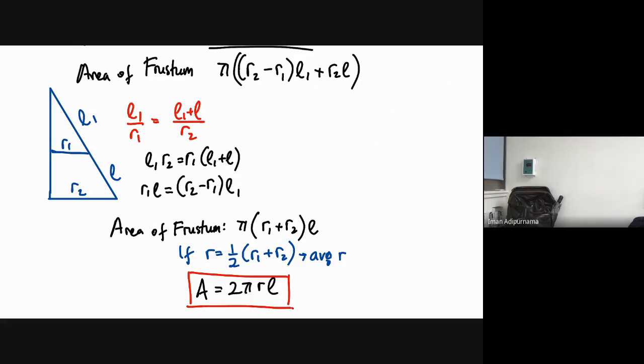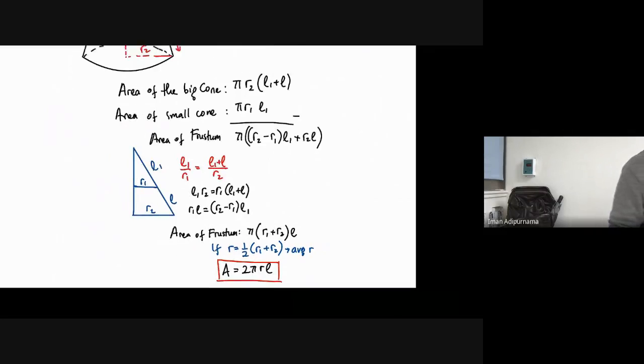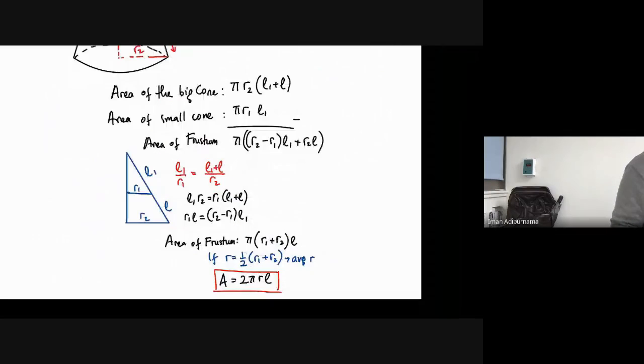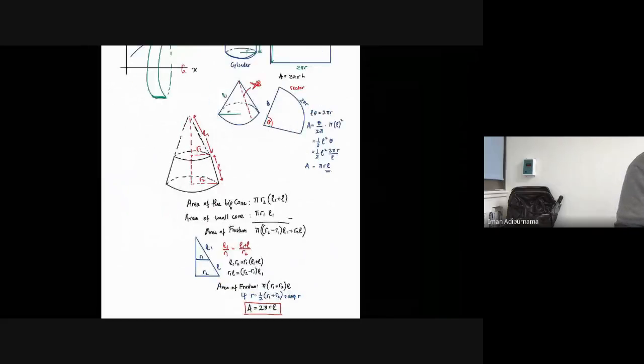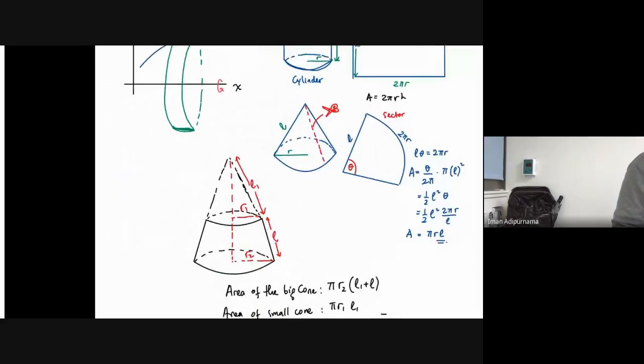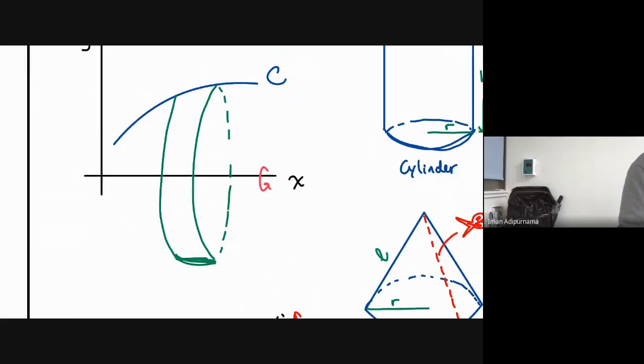So 2 pi R is the circumference, the L is the sides. If we look at the curves, let's say here, the L will be this one, and the R will be this one.